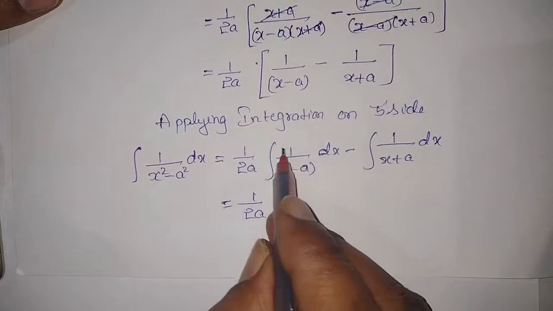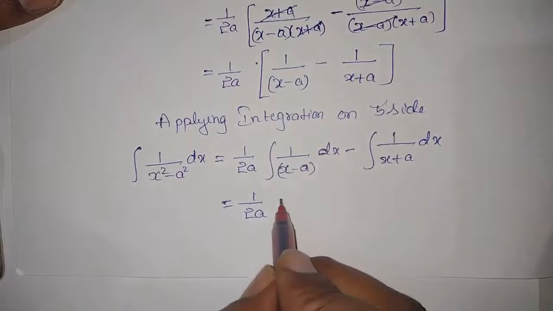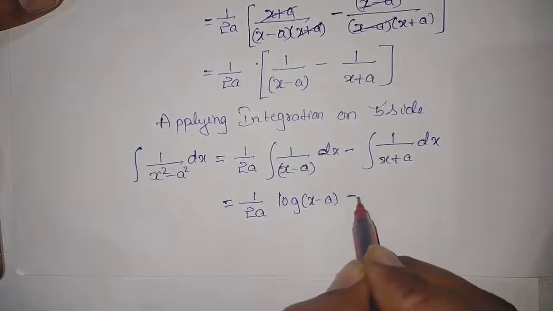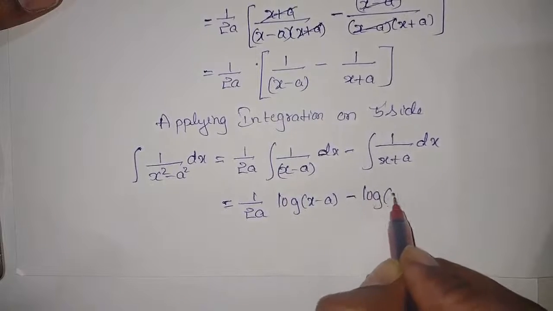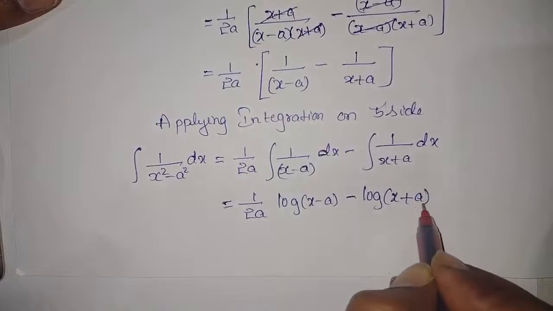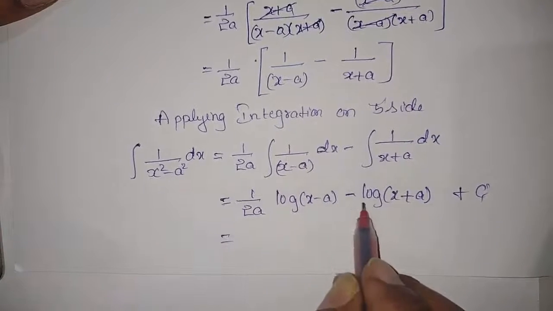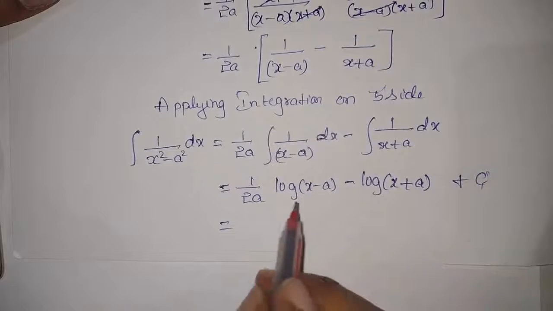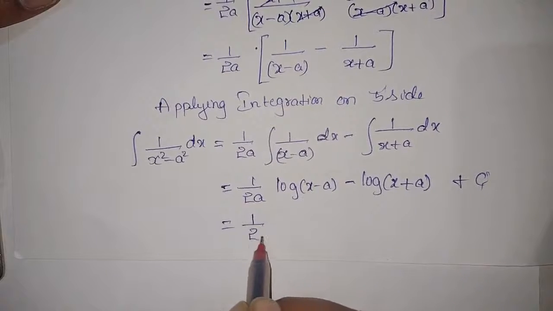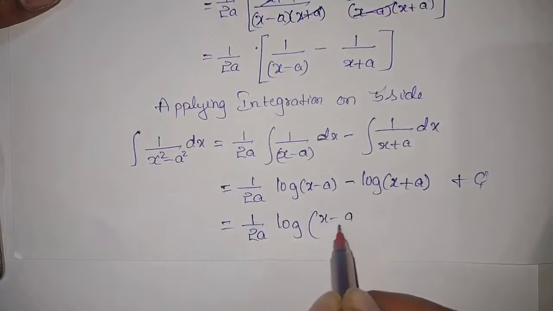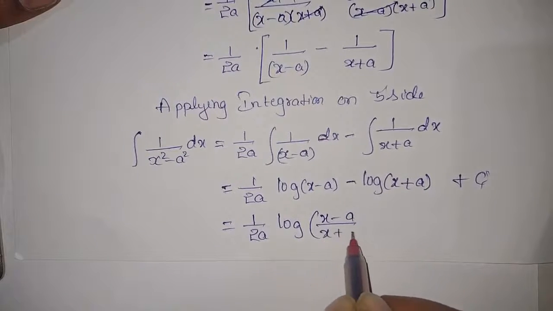The integration of 1 by x minus a gives log of x minus a, minus log of x plus a, plus c. Again the log of x minus a and the log of x plus a can be written using logarithm properties as log of x minus a by x plus a.